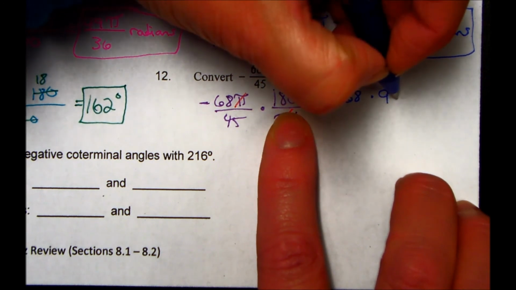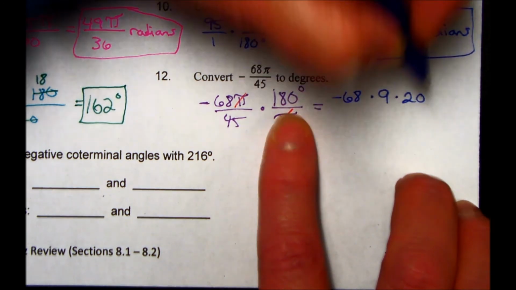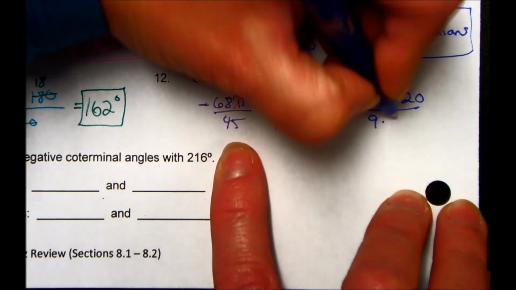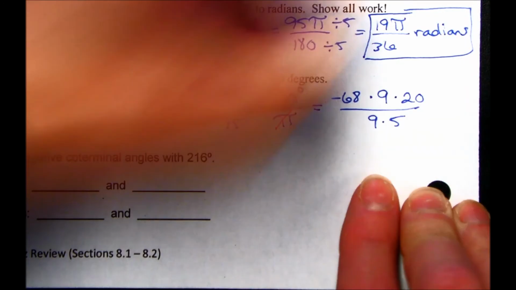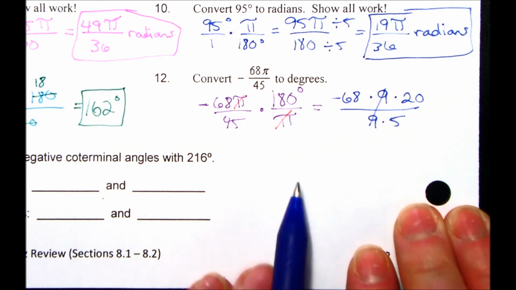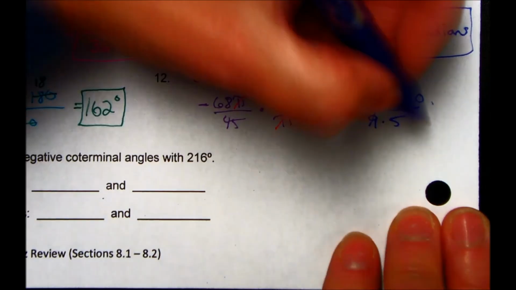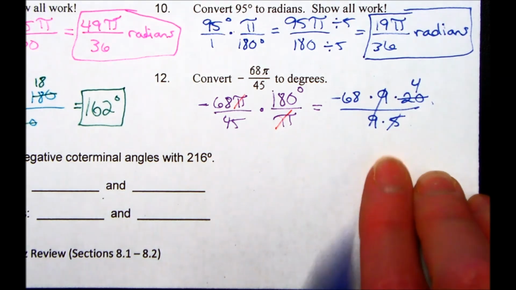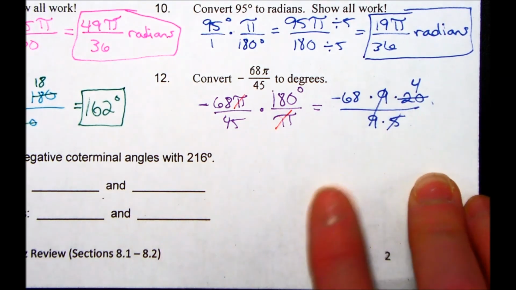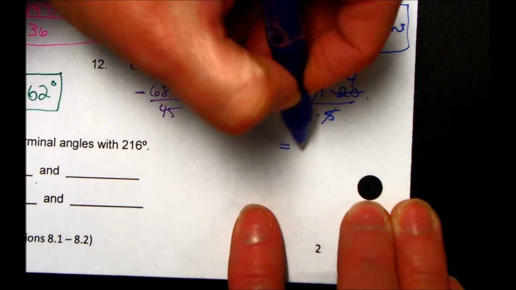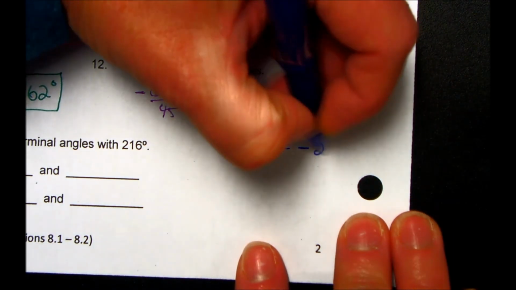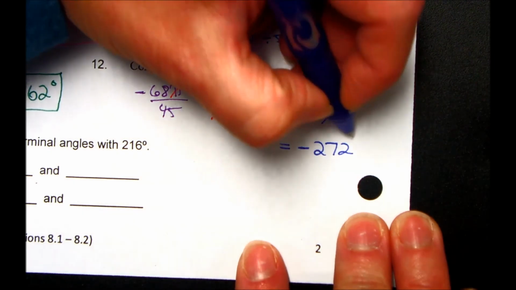So 9 times 20, and then 45 is 9 times 5, so then I can reduce the 9s. And then I can reduce the 5 with the 20, and that will give me 4. So now my denominator's gone, and then just multiply your negative 68 times 4, and we're going to get a negative 272 degrees.